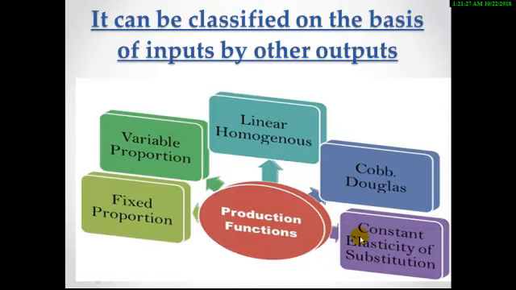Constant elasticity implies that the input factor results in the constant change in the output. Variable proportion implies that the ratio in which the factors of production such as labor and capital are used is not fixed and it is variable.